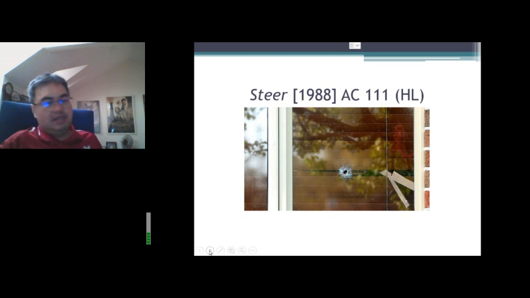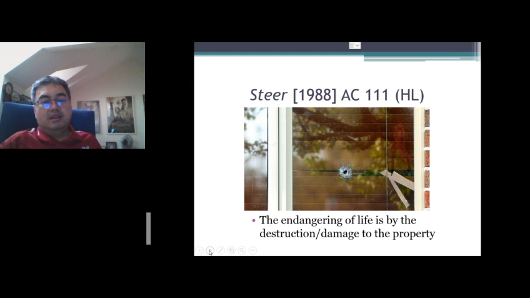Now the House of Lords said that it doesn't fall under dangerous criminal damage, because for it to fall under dangerous criminal damage, the endangering of life must be by the destruction or damage to the property. Here, the damage to the property is the damage to the window. But the victim's life was not endangered because of the damage to the window.